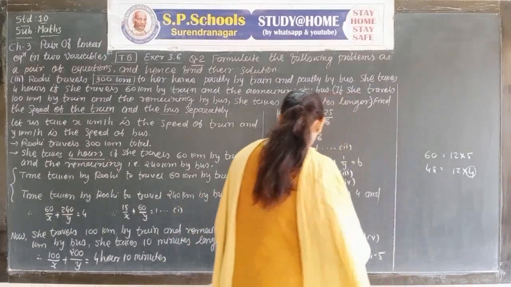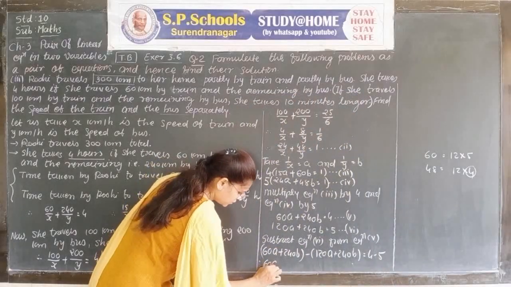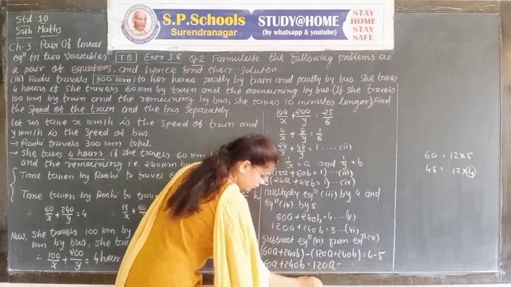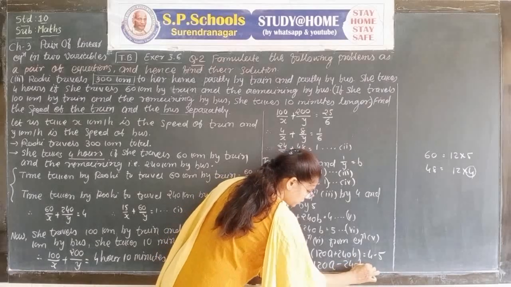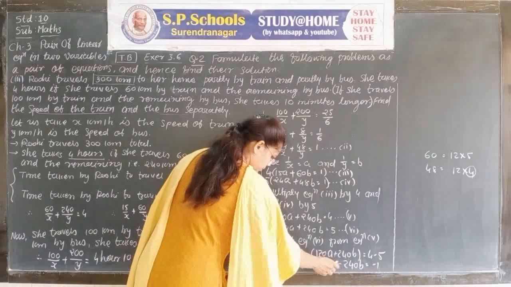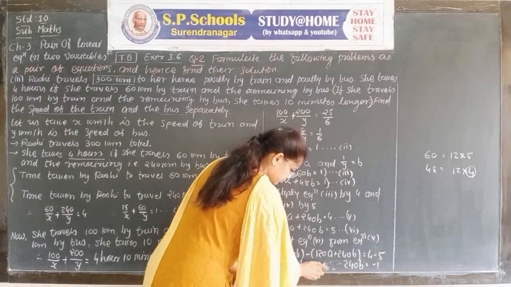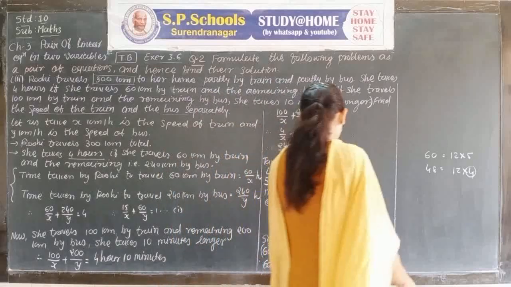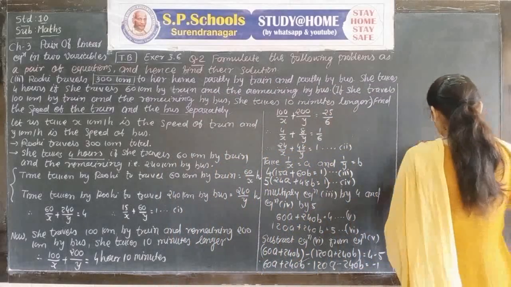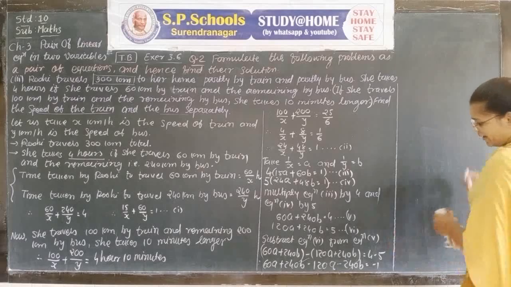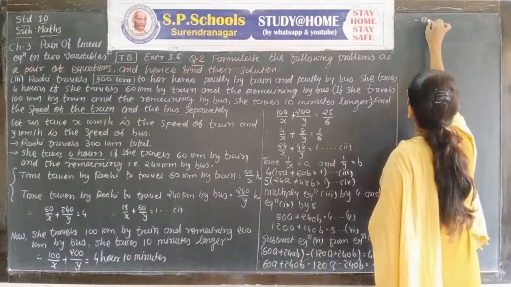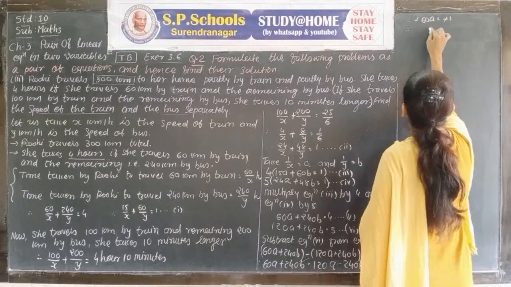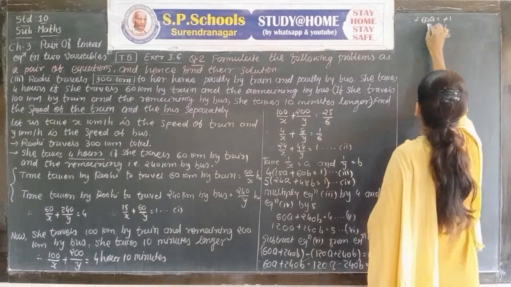We open the bracket first. 60a plus 240b minus 120a minus 240b is equal to 4 minus 5, which is minus 1. The plus and minus 240b cut, remaining 60a minus 120a gives minus 60a is equal to minus 1. Minus minus cut, the value of a is 1 upon 60.